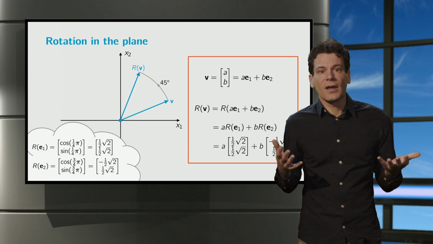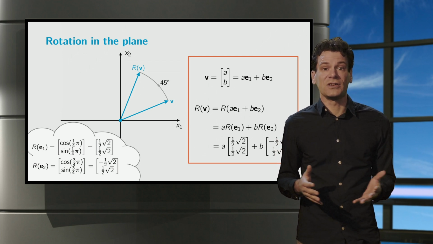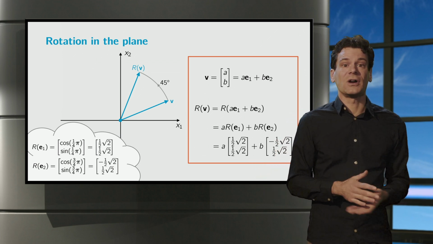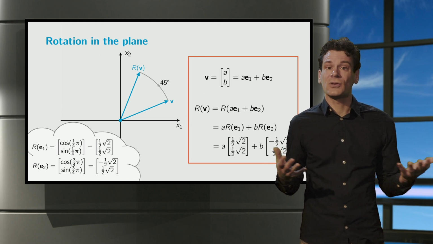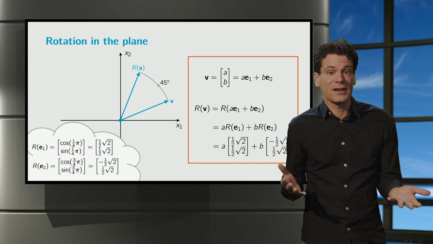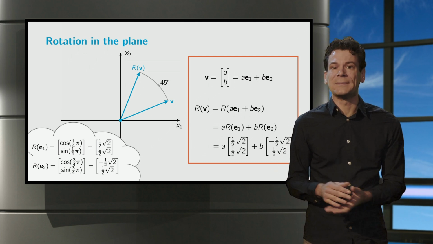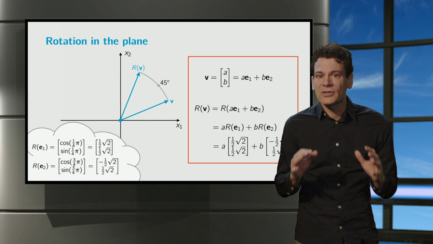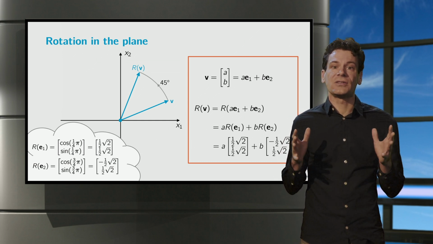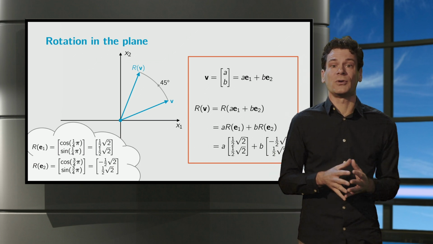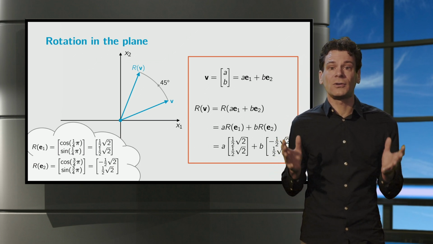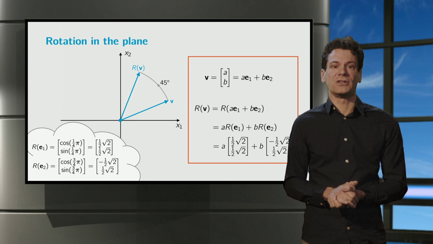You see that we only need multiplication and addition once you know where E1 and E2 go. Computers are very good at performing addition and multiplication, so this is how your phone can calculate rotations of a picture efficiently. The essential point of the calculation is that rotation behaves well with respect to vector addition and scalar multiplication. It is an example of a so-called linear transformation.